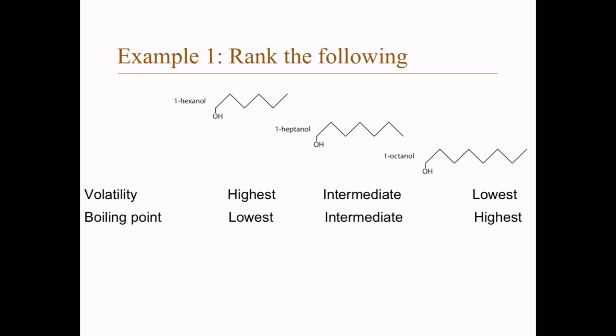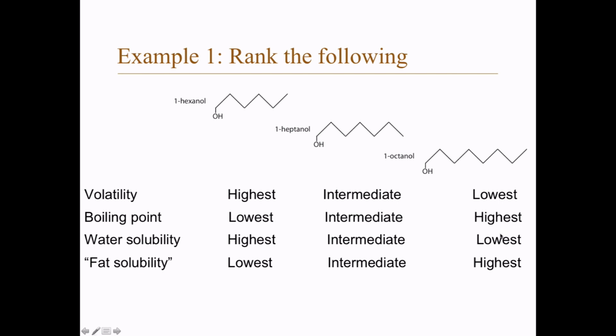And the boiling point is just the opposite, so the boiling point should be lowest for 1-hexanol and highest for 1-octanol. What about water solubility? Well, the carbon chain here is a non-polar thing, so the fraction that is polar is highest in 1-hexanol, and 1-hexanol is also a smaller molecule, so it makes sense that the water solubility should be highest for 1-hexanol and lowest for 1-octanol, and the fat solubility should be just the opposite ranking.